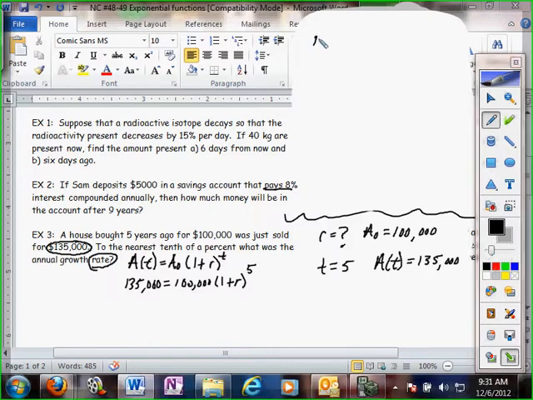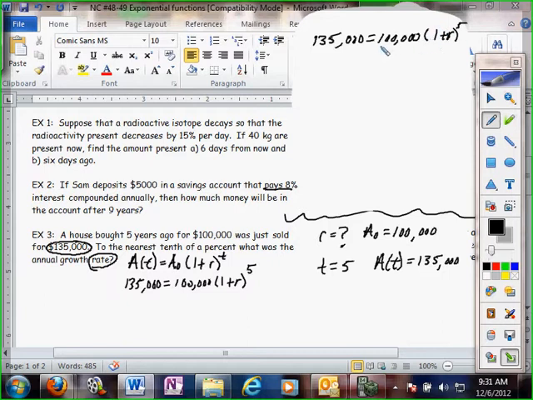Okay, so I have $135,000 is equal to 100,000 times 1 plus r to the power of 5. Now remember, when I'm solving an equation, I work backwards from PEMDAS, which means I'm going to do all my adding and subtracting first. I have some addition here, but it's inside these parentheses, so this part will be last.